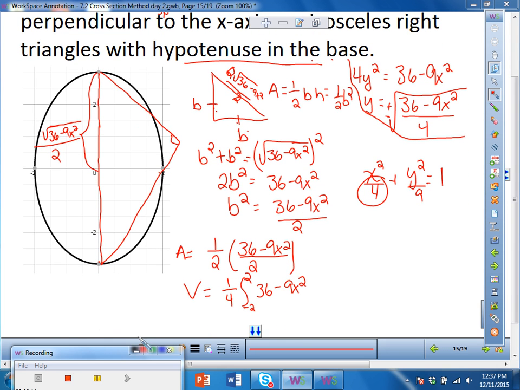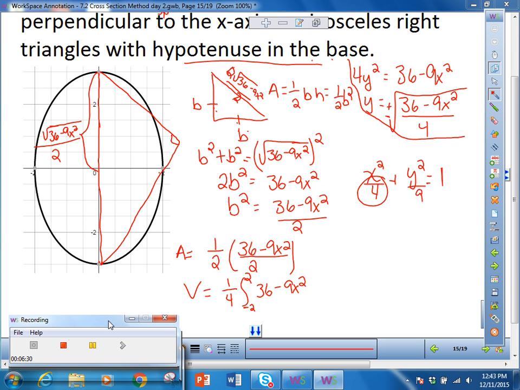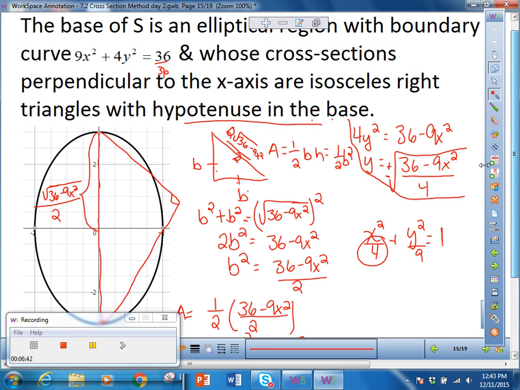Yes? The area of an isosceles is 1/2 its sideways. Yes. So why did you? Because if it's an isosceles right triangle, the base and the height are congruent.